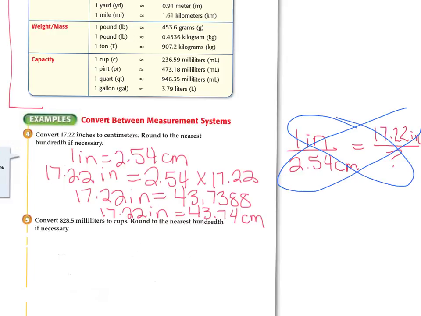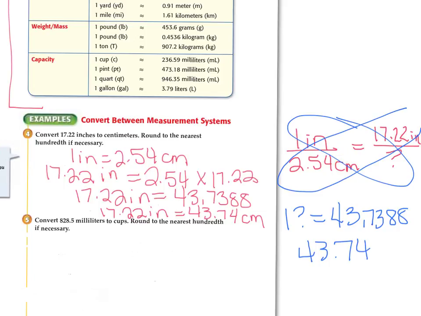That would be 1 times the question mark equals 2.54 times 17.22, which is 43.7388. That's how you end up knowing that this is 43.74, because you set up the equivalent ratios where you put inches to inches, centimeters to centimeters. It makes it very easy to know if you should multiply or divide.